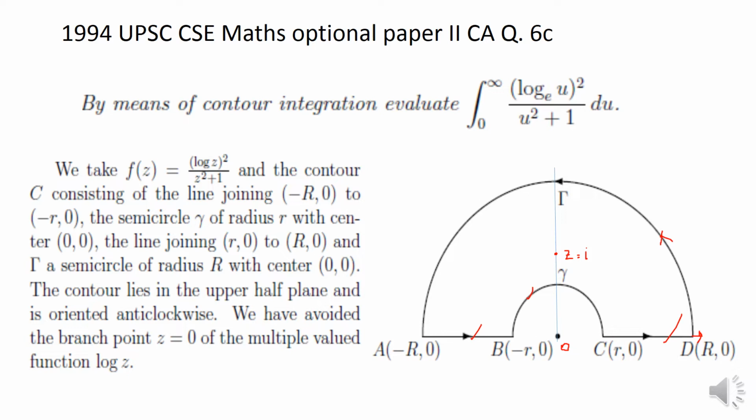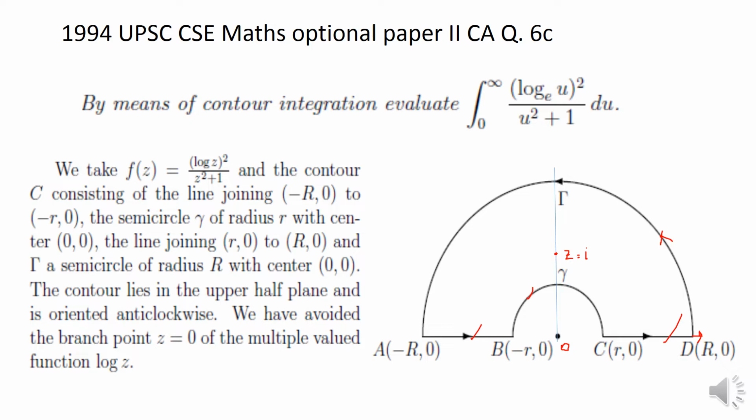It is log base e, so we can say ln z, and when z is i, this becomes (ln i)^2 upon 2i. So this is equal to (πi/2)^2 upon 2i, which is equal to -π^2/(8i).